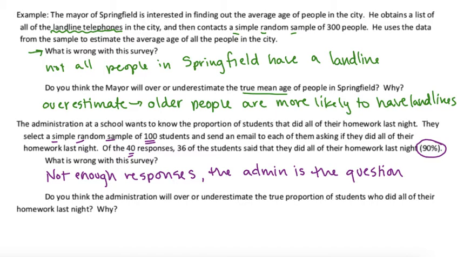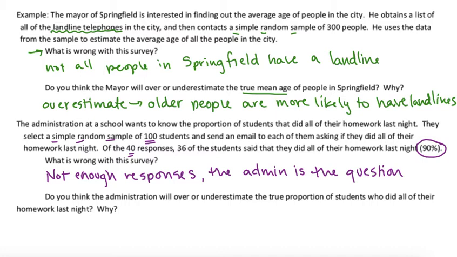Also, when the administration asks a question, it comes with some intimidation, that we're feeling like you should answer one way or the other. So if I asked, it's different than a principal asking. Even better is if a student asked. If a friend asked, did you do all your homework last night? You would respond more truthfully when it's on the same level.